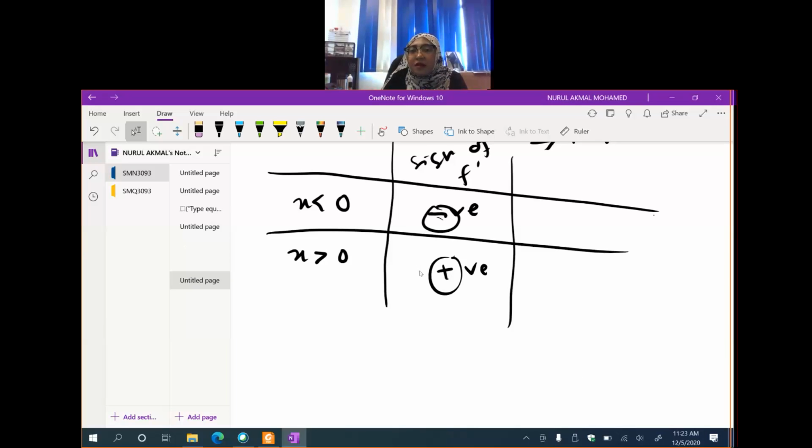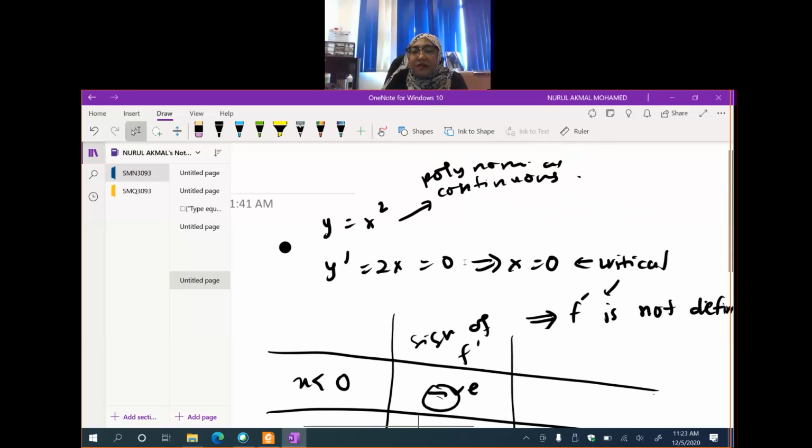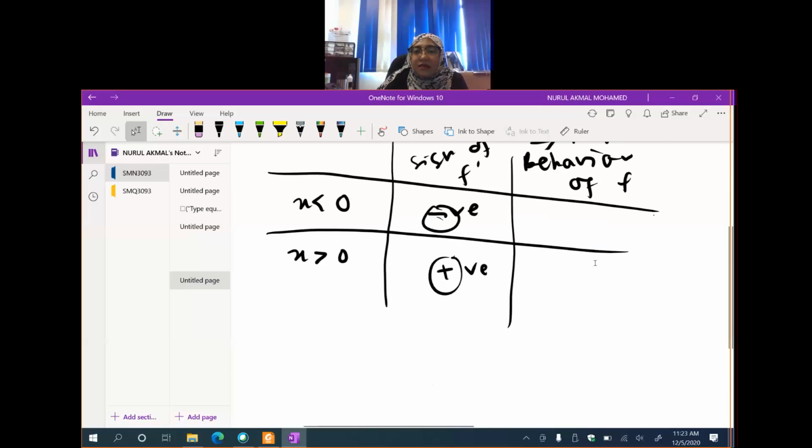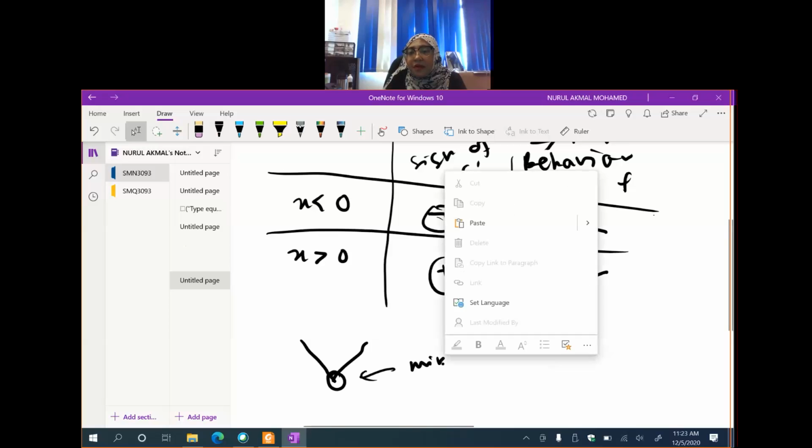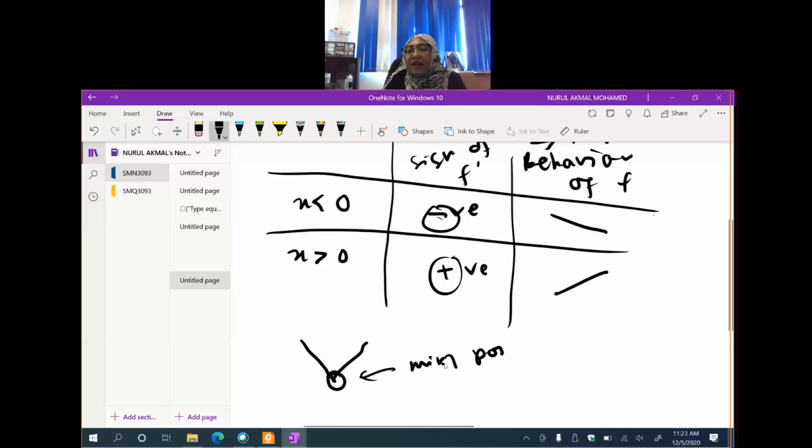So it means that for the behavior of f, this one will be decreasing, and this is increasing. If you have decreasing first and then increasing, it means that it is a minimum point. But if the behavior is increasing first and then decreasing, then this critical point will be a maximum point.